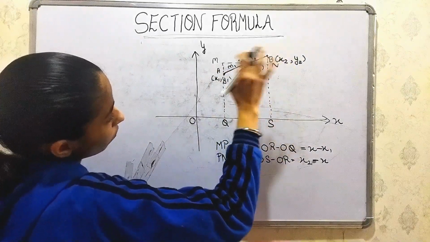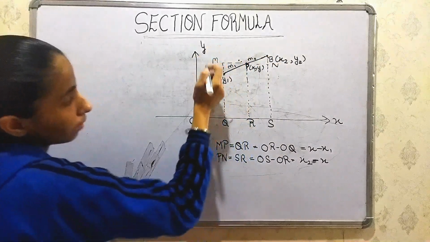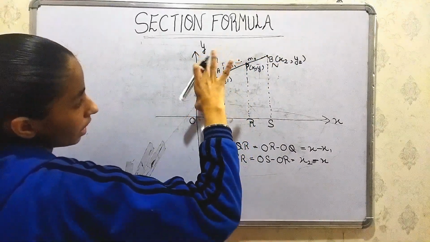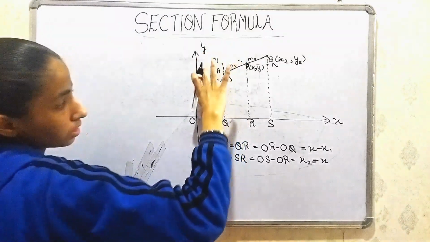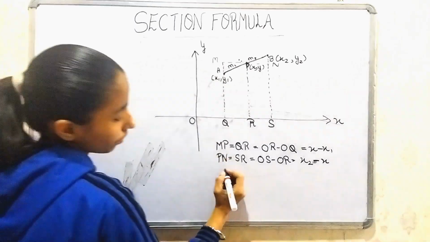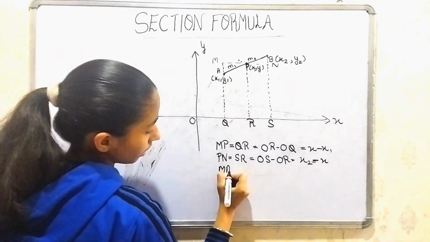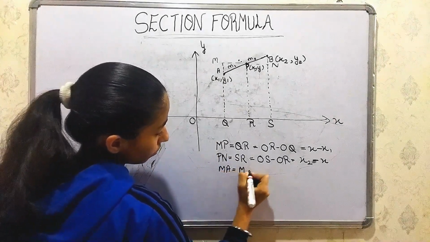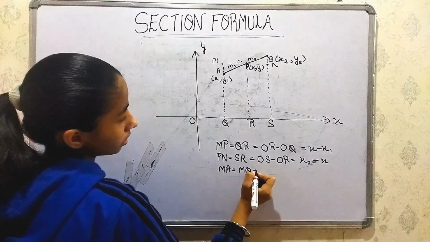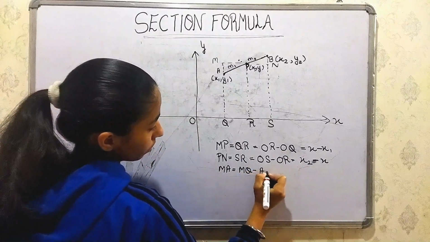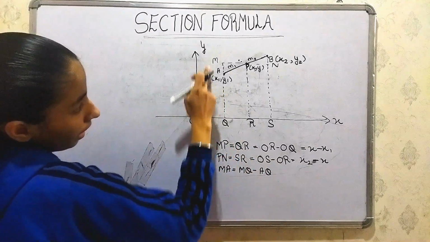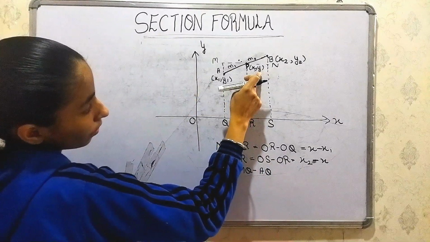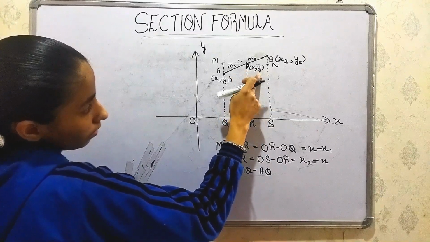Now let's find out what is MA. MA is MQ minus AQ. Now here what is MQ? MQ is the y coordinate of point P (x, y).